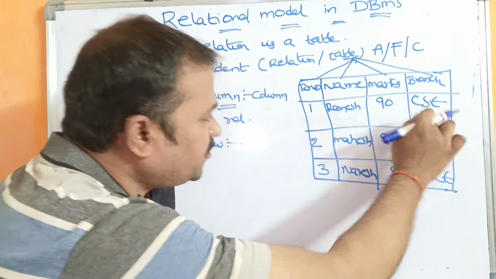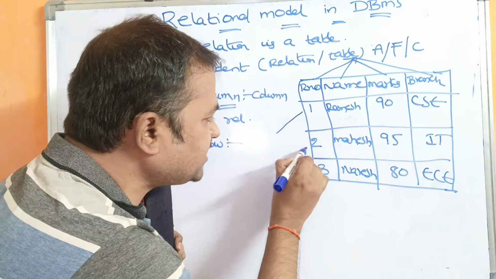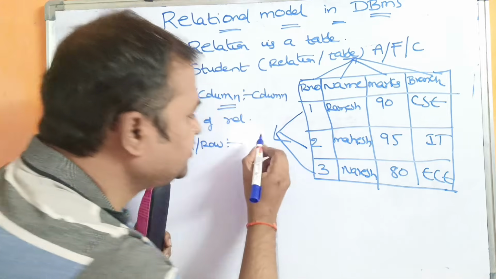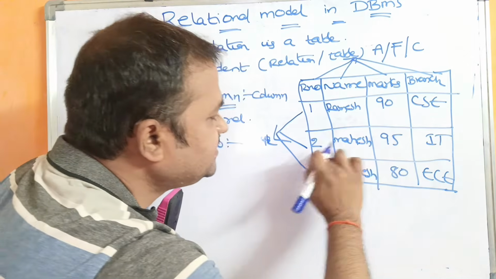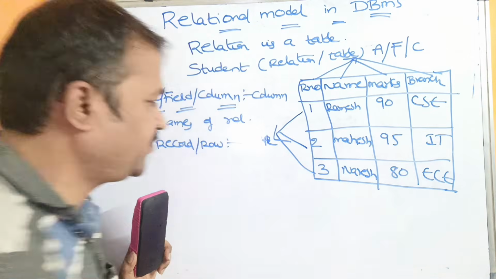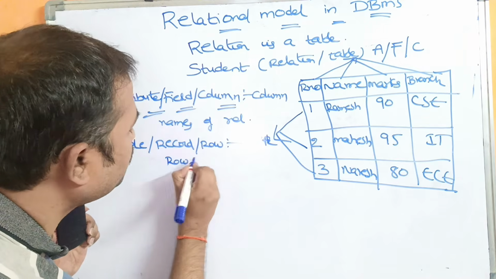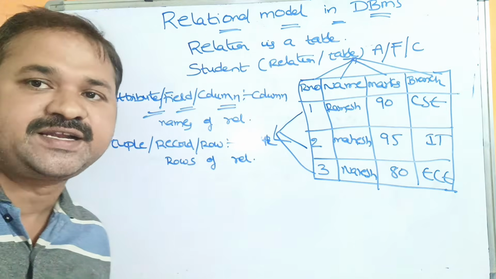This is the first row, second row, third row. So totally we have 3 rows, and these 3 are called tuples. This is one tuple, this is another tuple, and this is another tuple. So what is a tuple? A tuple means the rows of a relation.